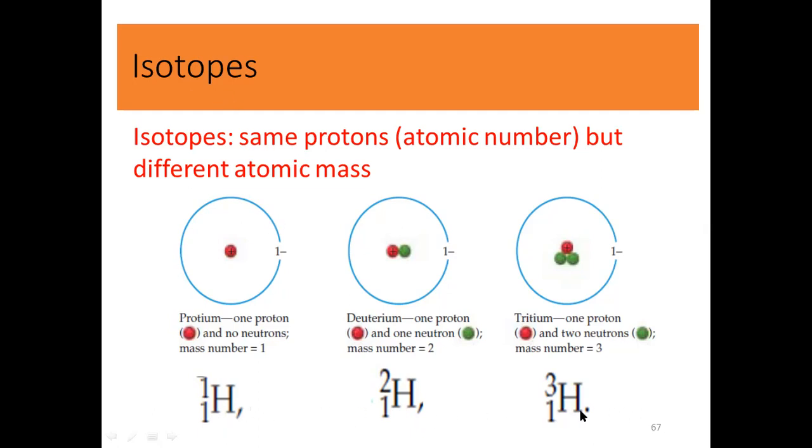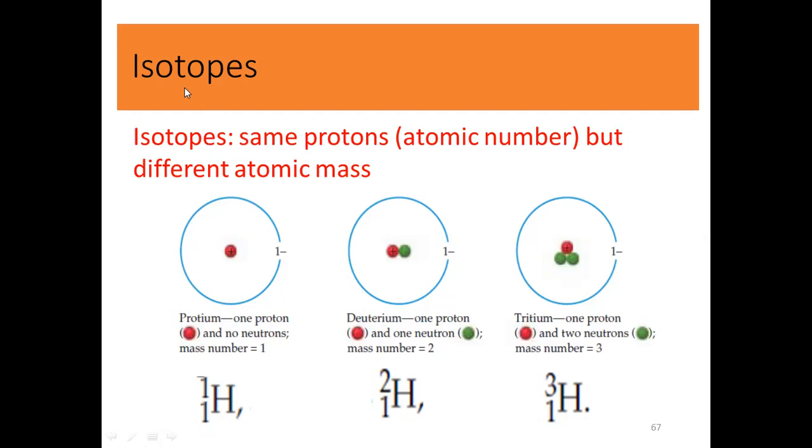These are isotopes of each other because they have the same protons. The atomic number is 1, 1, 1, that means 1 proton. So these three elements have the same protons, that's why they are called isotopes of each other.